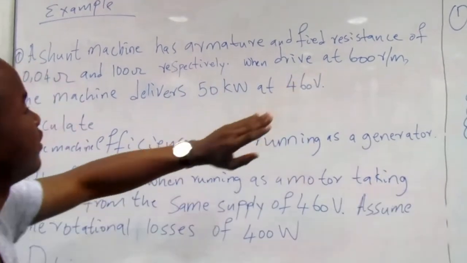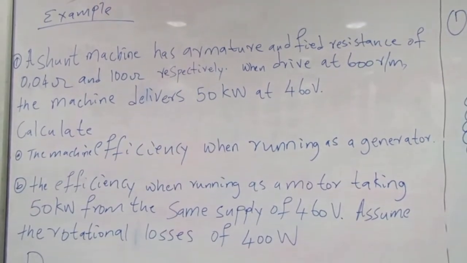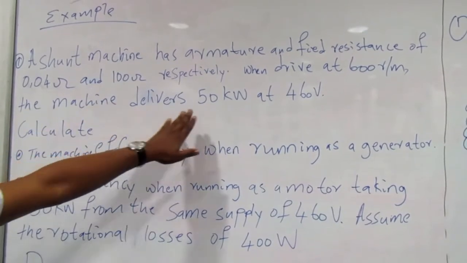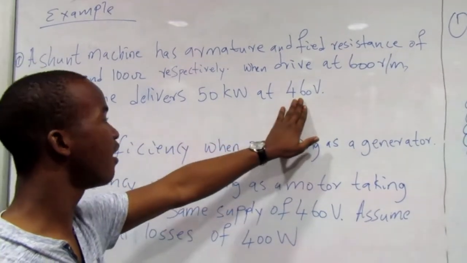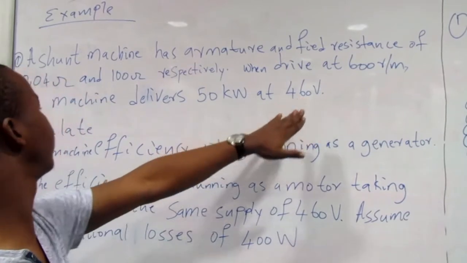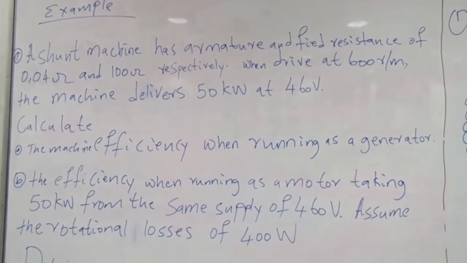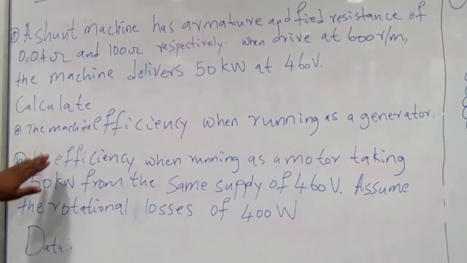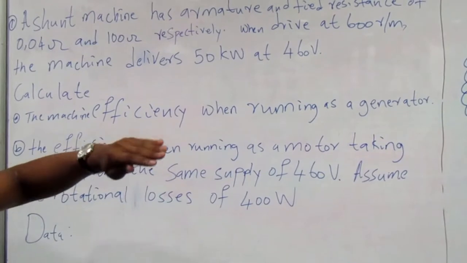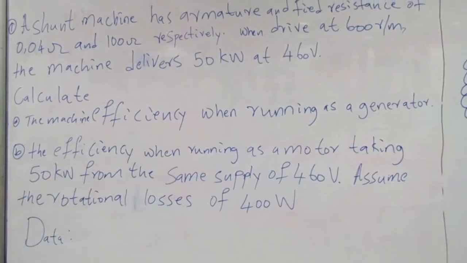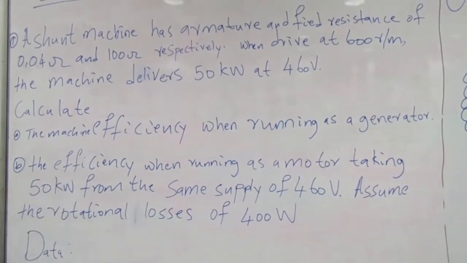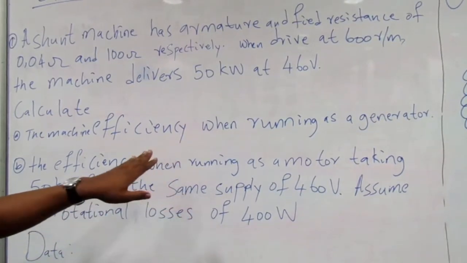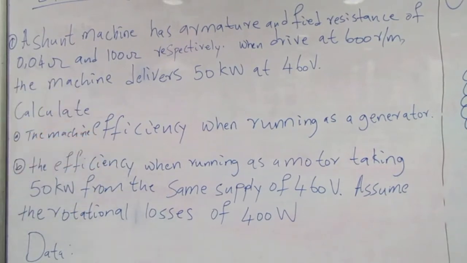When driven at 600 revolutions per minute, the machine delivers 50 kilowatts at 460 volts. Then they say, we must calculate the efficiency of the machine when running as a generator.